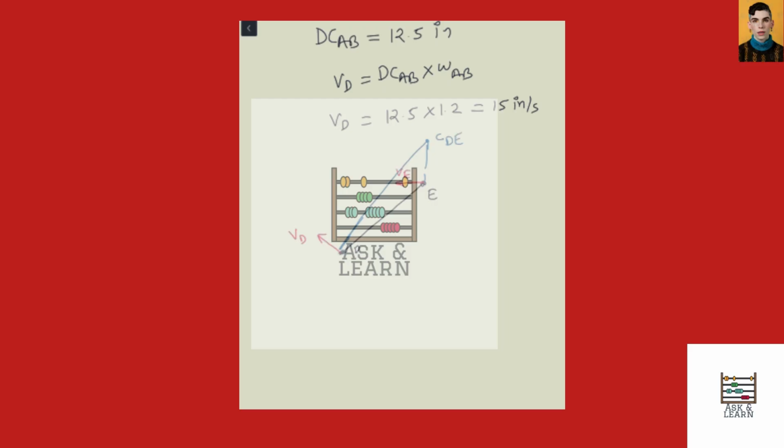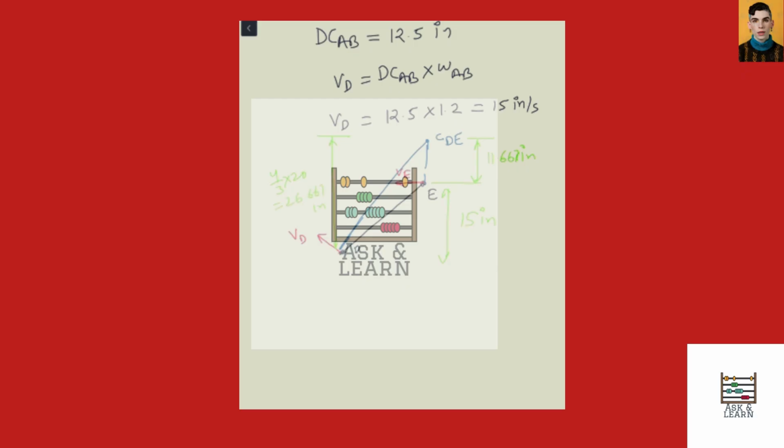Now from the geometry we can determine these distances, and this distance is already given as 15 inch. And this distance from the geometry comes out to be 4 by 3 of 20, that is 26.667 inch.